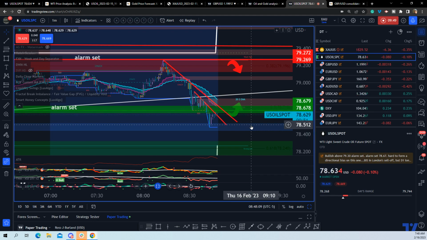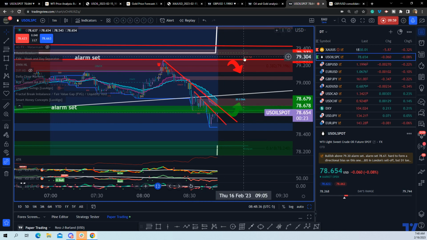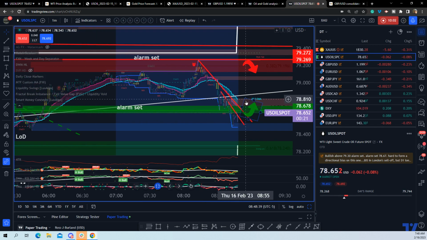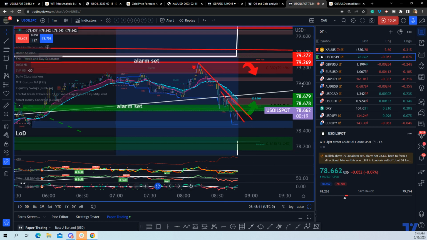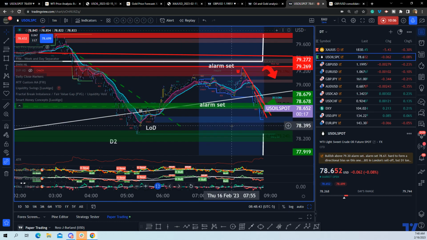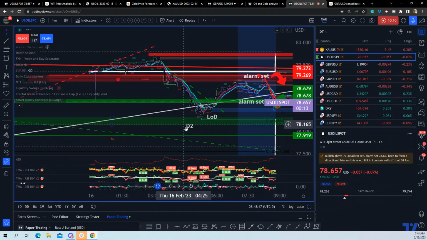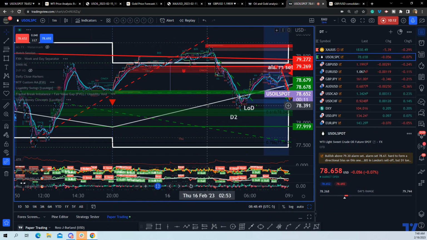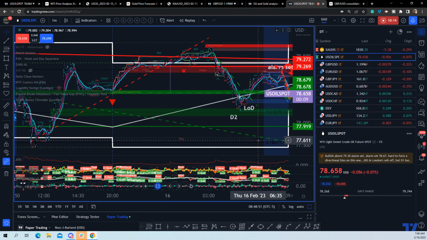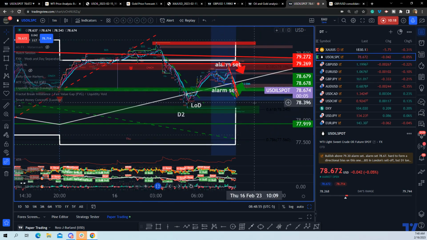I've got an alarm set for oil to come up, and it could break and dig into, considering how strong the dollar is going to be, 77.60, low hanging fruit.